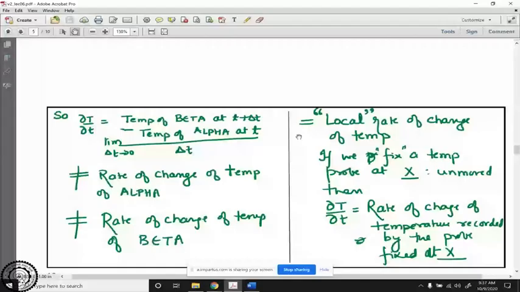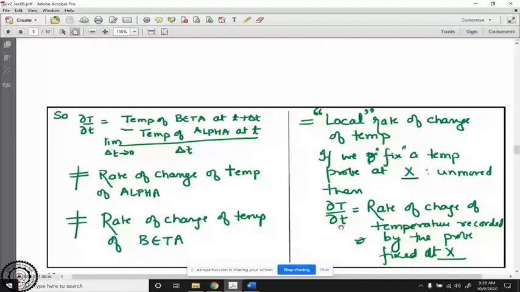All right, but you can call this the local rate of change. What do I mean by local rate of change? If you have a temperature probe which is fixed at x at all times, then the rate of change that probe will measure is precisely the partial derivative of temperature with time.